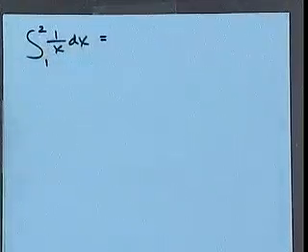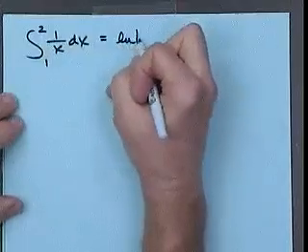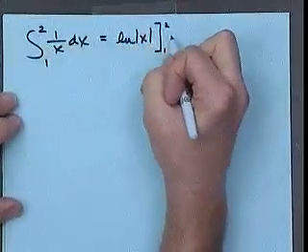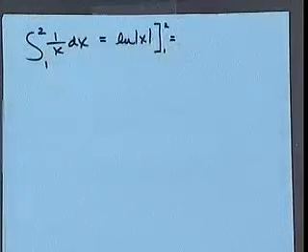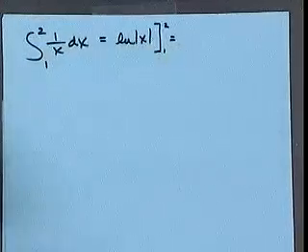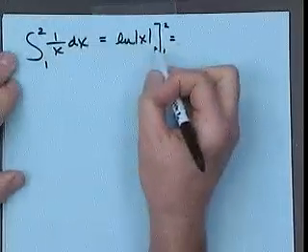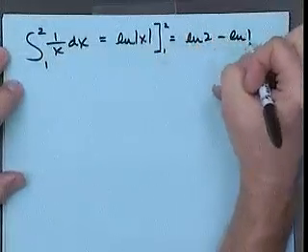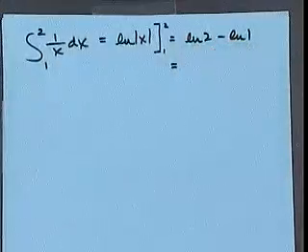What is that? Natural log of the absolute value of x. We don't need the absolute value in this problem because everything is positive, but it might come into play in another problem. So natural log 2 minus natural log 1, and this is exact, by the way.